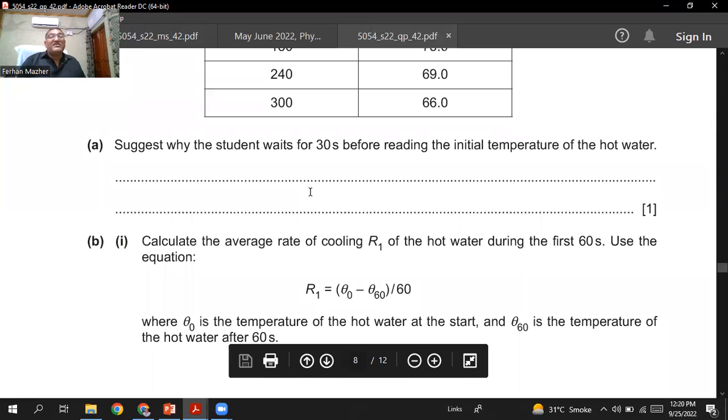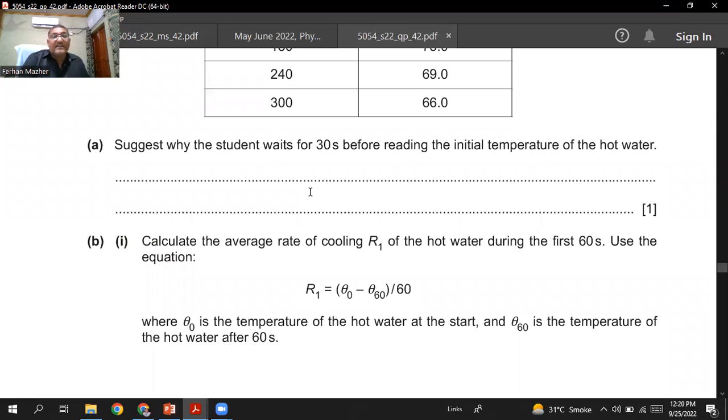It says, suggest why the student waits for 30 seconds before reading the initial temperature of the hot water. You see, whenever you put a thermometer in the hot water, you give it some time so that the temperature of the whole water body is uniform.